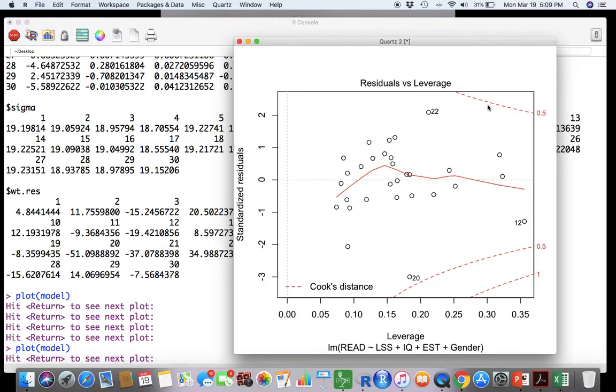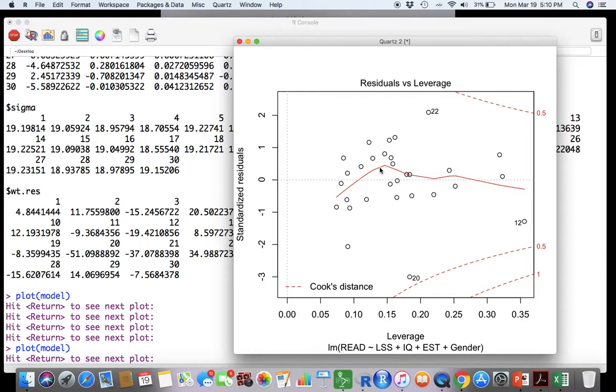So if we had anything up in here, we would have a Cook's of 0.5 or higher, and anything down in here we would have Cook's 0.5 or lower. But to me, at least the way I was taught, the real concern comes when we have Cook's distance of 1 or greater. Now, what this does is it measures the overall influence of a case on the model, and when I get through scanning through all the plots, I'll show you how we can also do that, just creating the vector of Cook's distance.